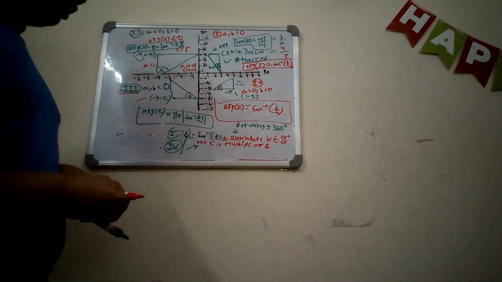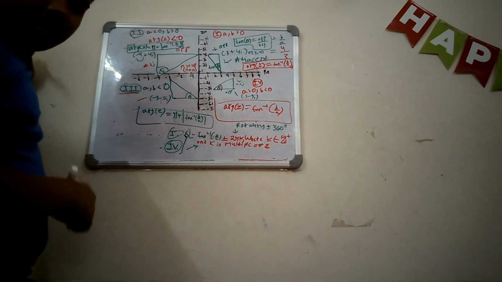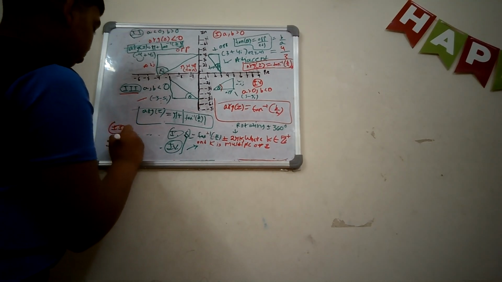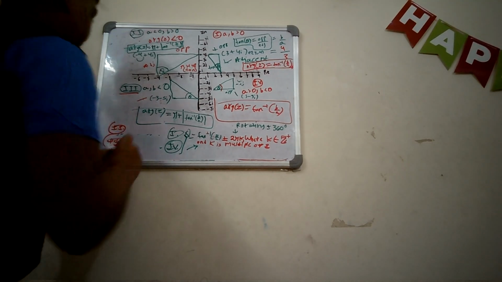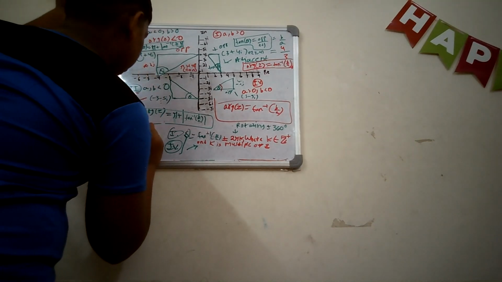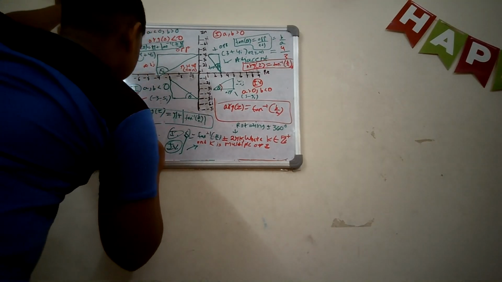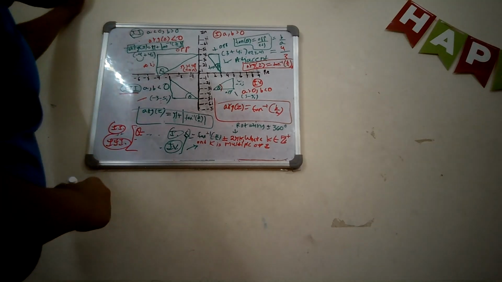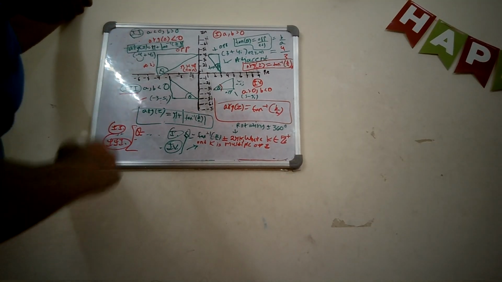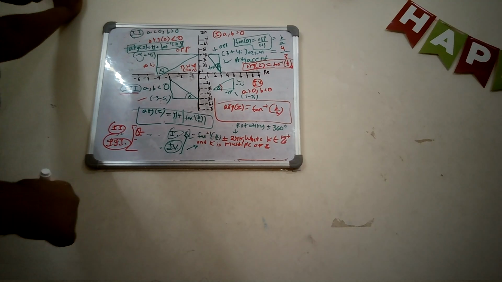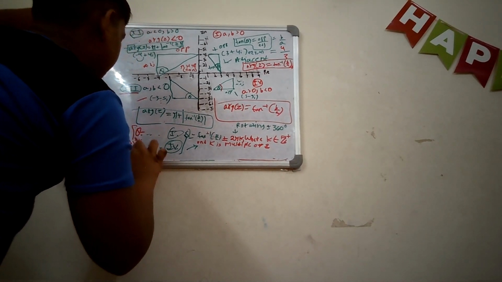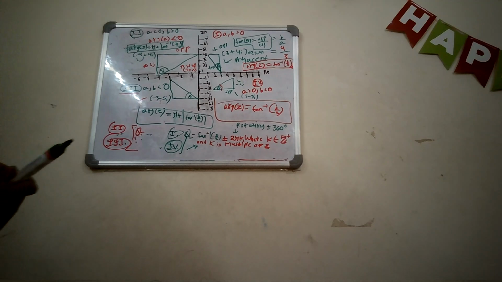Similarly, if you have to find the argument for quadrants 2 and 3, for both of these we would also have to add 2 pi k. It will also be 2 pi k, okay? That's the thing.